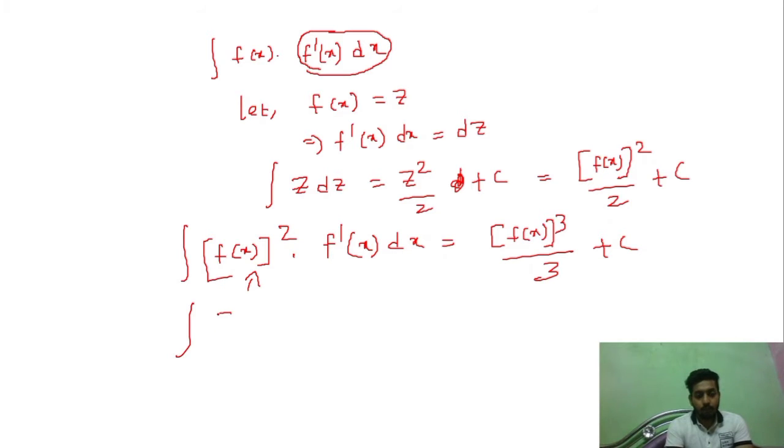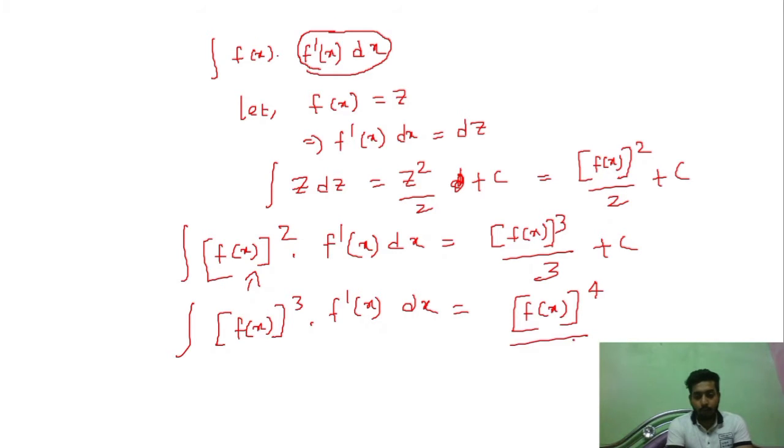Again, suppose (f(x)) cube into f'(x) dx, the integration will be (f(x)) whole to the power 4 by 4 plus c. So the function and its derivative lie in a line, then we can treat f(x) as x.